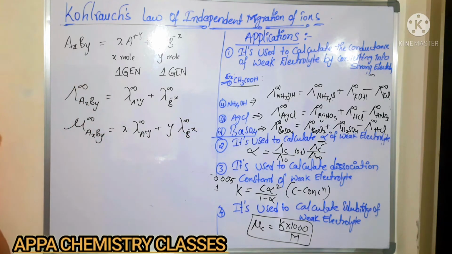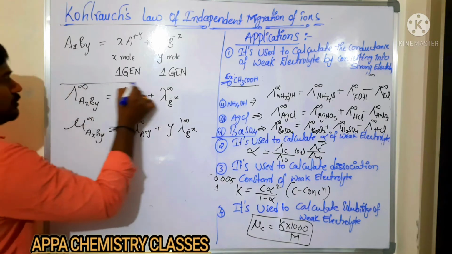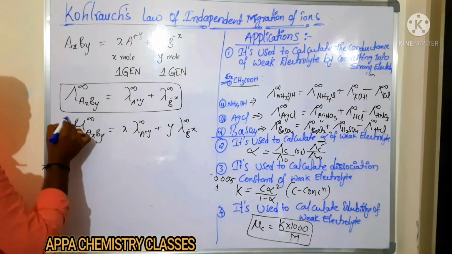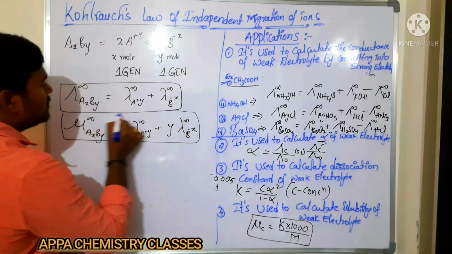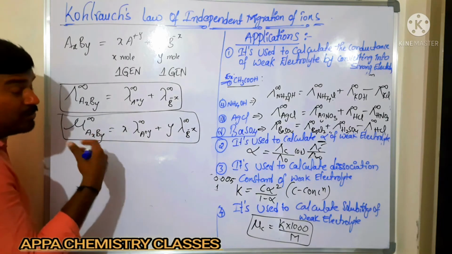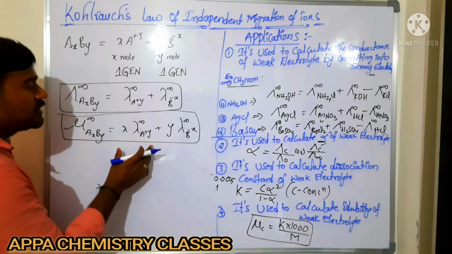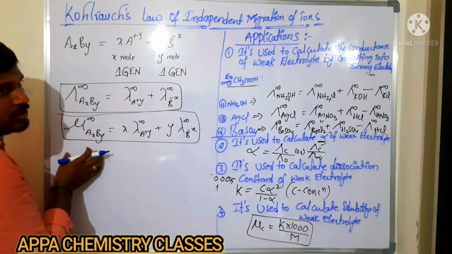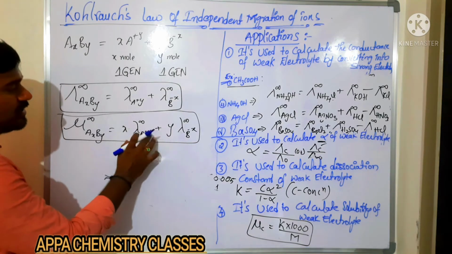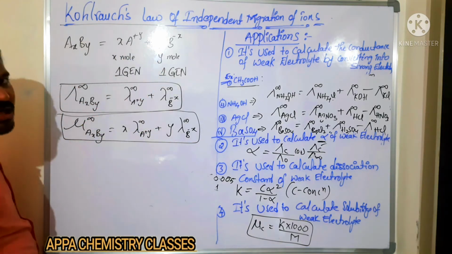Very, very important. In molar conductance, we have to represent the number of ions present because they combine in their moles ratio. Moles will be different when they have different valencies.